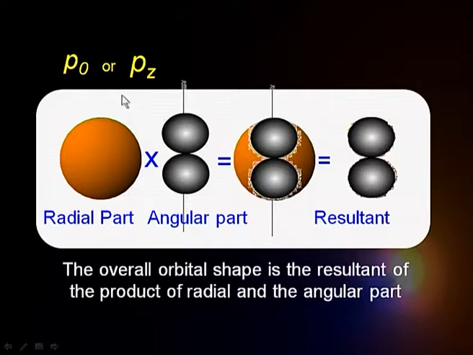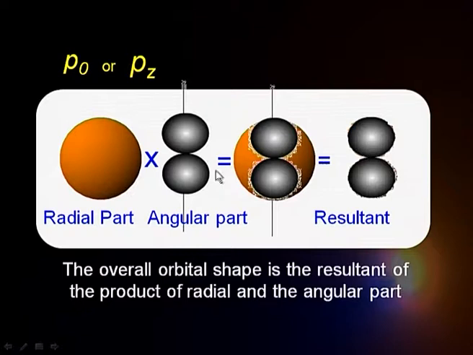But say for p naught, that means for a p orbital when l is equal to 1, m is equal to 0, if I plot that, I find that the angular part will have this kind of representation, but my total wave function will be the product of the r part and the angular part. If I multiply these two together, I will try to show it diagrammatically: wherever this happens to be 0, this will make the spherical part 0. So the resultant will be something of this kind.